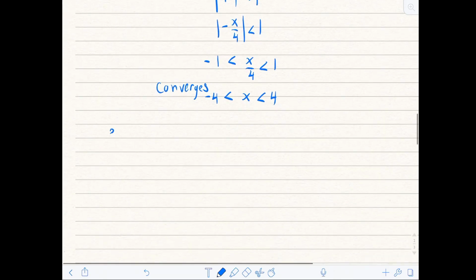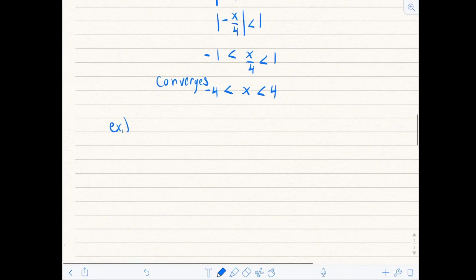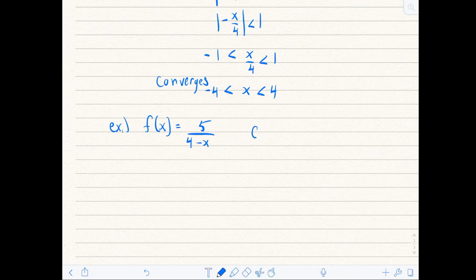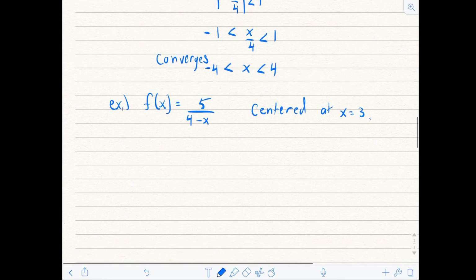All right, and the last problem. I'm going to write this as f of x is equal to 5 over 4 minus x. And this time it's going to be centered at x is equal to 3. Now the only difference here is that I'm trying to get a parentheses x minus 3 in the denominator that's going to stand in the place of r.